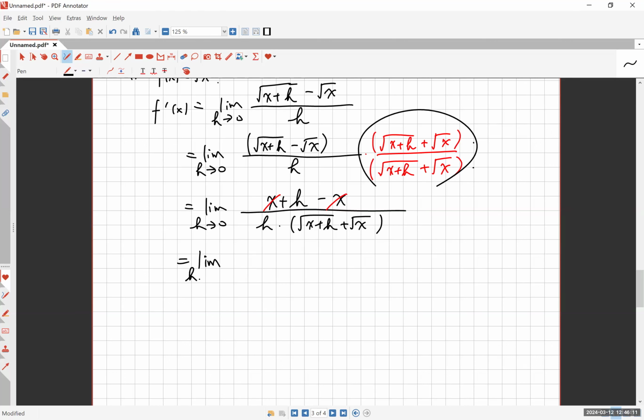It's just the limit as h approaches 0 of, now the denominator is complicated. Who says rationalizing the denominator is important? Sometimes it's okay to have an irrational, ugly denominator, because the top is very nice here, right? The numerator is just simply h. Now, of course, you can cancel that, thus eliminating the bad person.